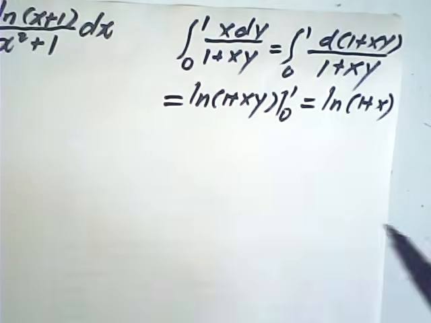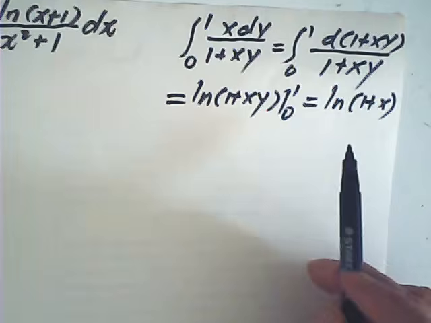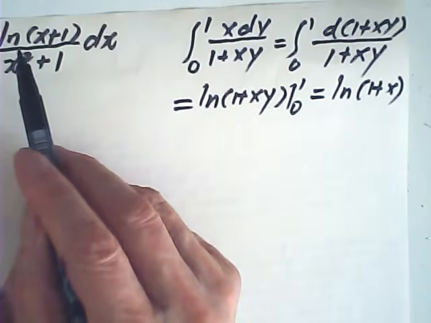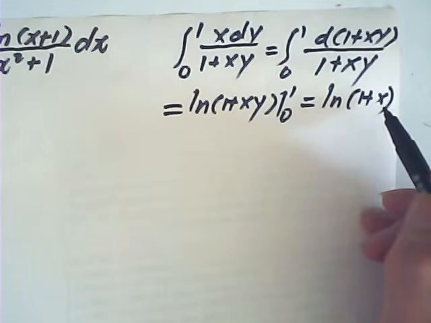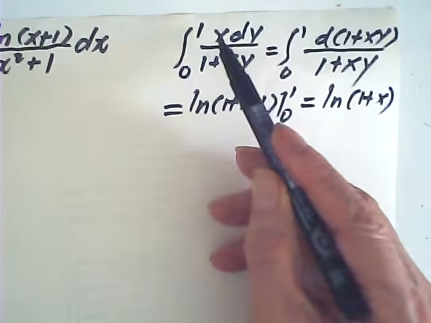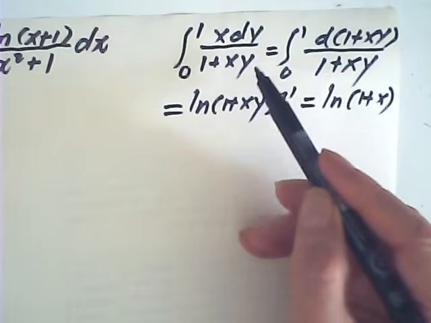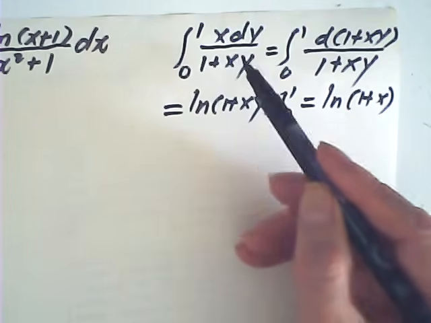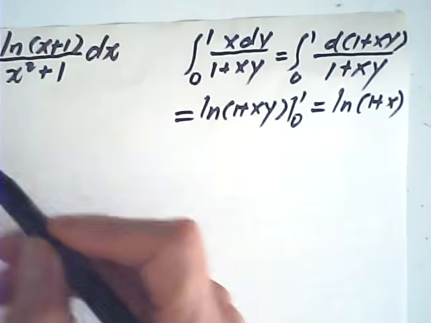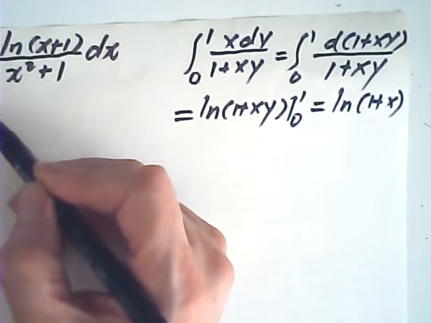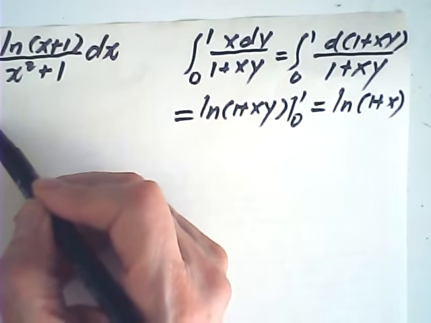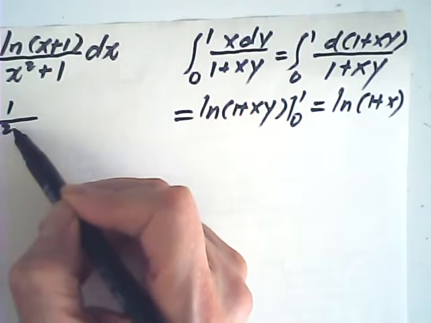What I want to say is this: natural log of 1 plus x, natural log of 1 plus x dx, is equal to this. So this one is equal to the integral from 0 to 1 of dx over 1 plus x squared, plus 1.